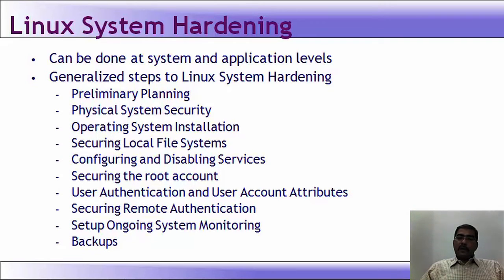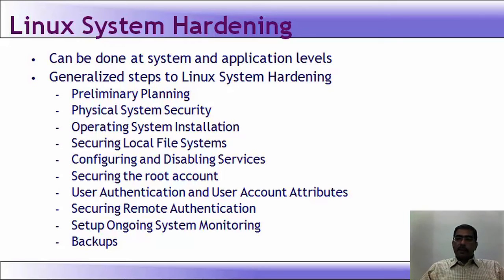Then user authentication and user account attributes, how the authentication takes place. If it is going to be a remote login through SSH, then do I need a function such as a token or an OTP to be generated? Maybe install a Google API for OTP. Then how do you secure remote authentication?